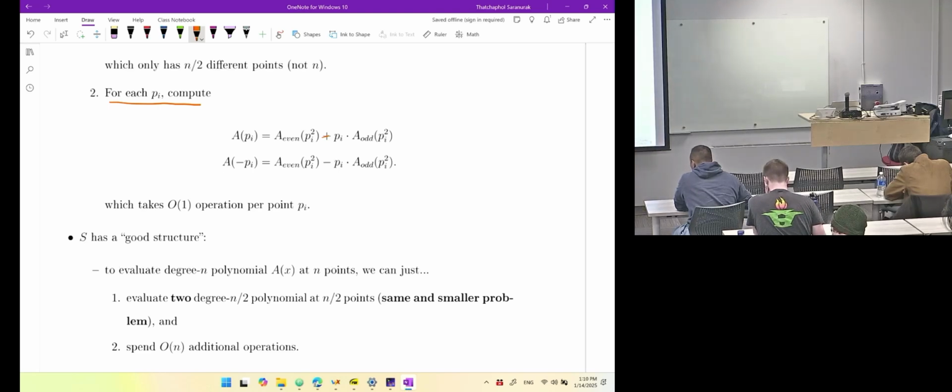So you start with n points, you end up with n over 2 points. So now you have one problem reduced to two smaller, same problems. And how many subproblems are there? Just two. Okay, so this is kind of what we want. We used to have 3 subproblems before, now you have 2 subproblems.